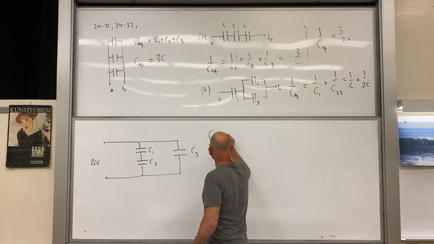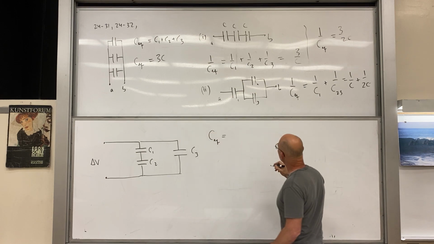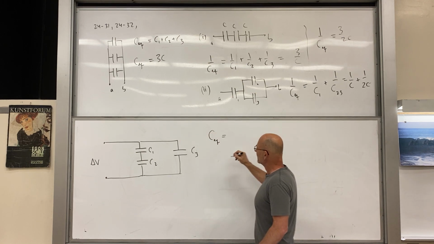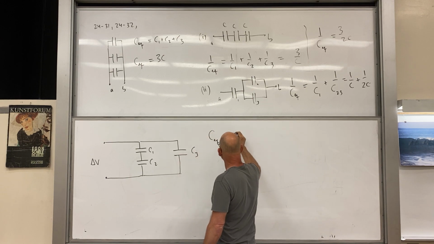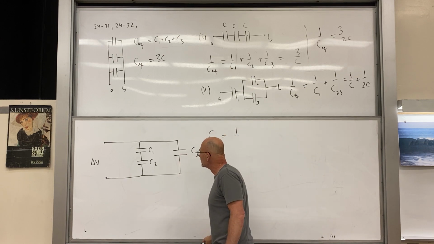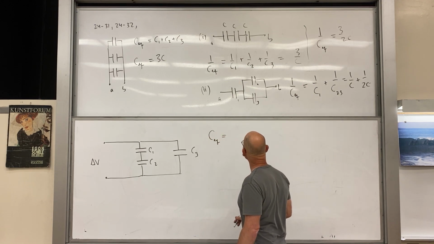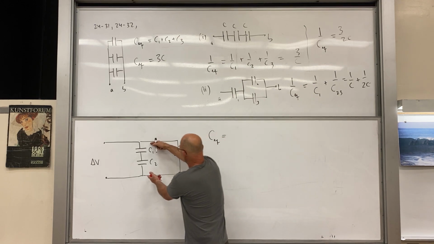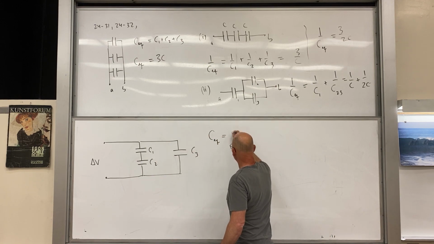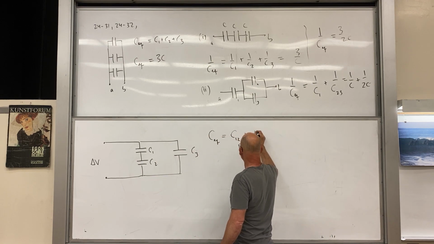So C equivalent is equal to... These are in parallel, right? In parallel. So we'll say C equivalent is equal to C12 plus C3.